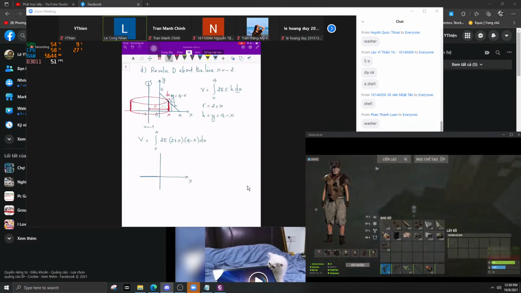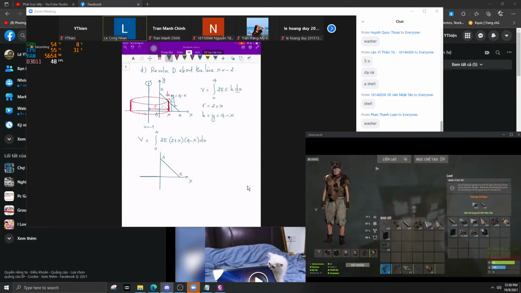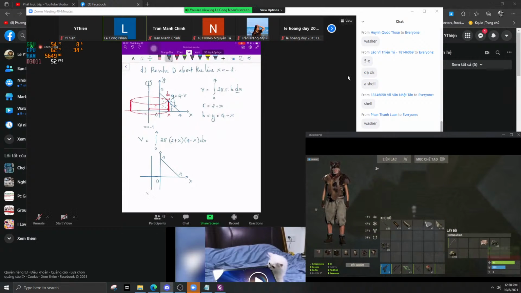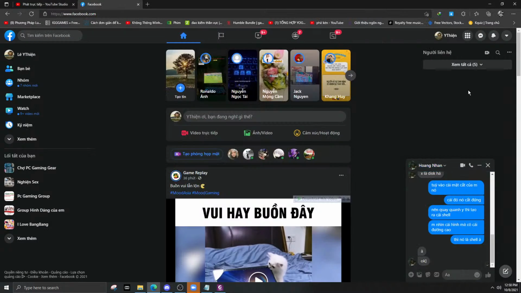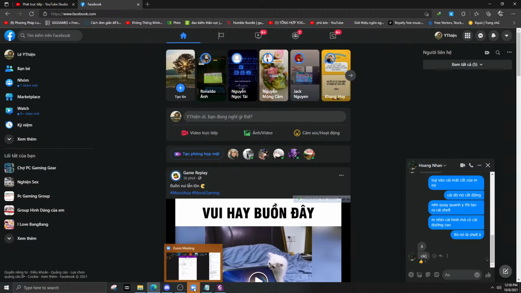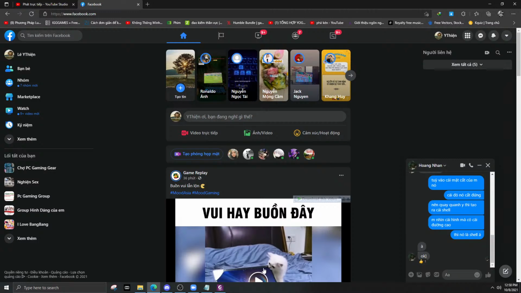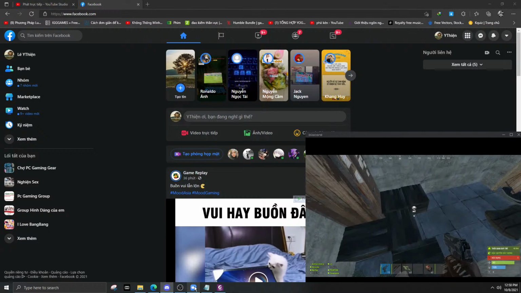If we rotate the region D about the line x equals -2, and we choose the representative rectangle horizontally with a small change in y, then the width of this rectangle is dy.